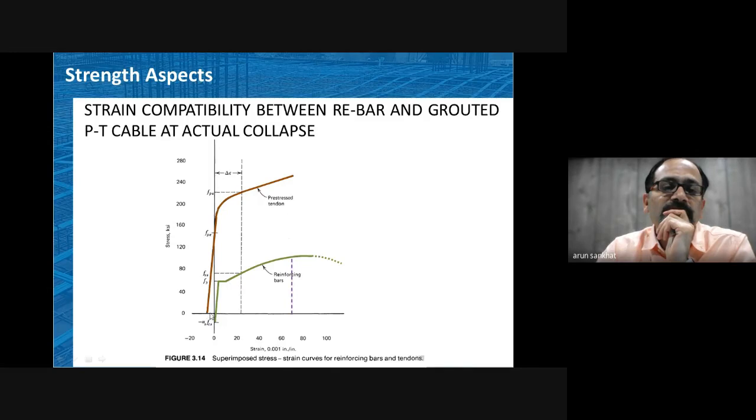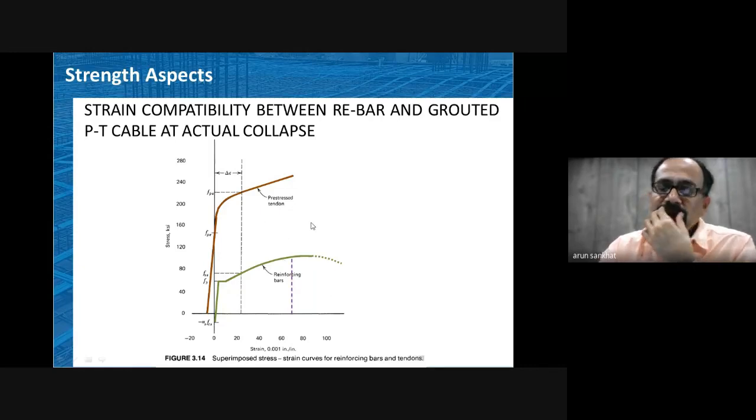Because of the stressing, it has a pre-compression of this much level, and then there is an effective part after stressing. This is how the rebar is actually. Rebar is also getting the effects of this pre-compression, and then the remaining behavior of the reinforcing bar.